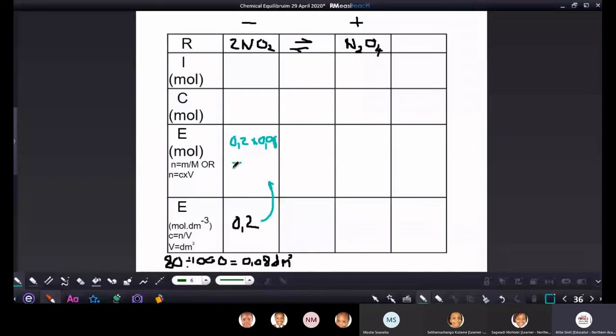So the answer now, is it 0.16? Everybody agree? So you said 0.2 times 0.08. It's 0.016.